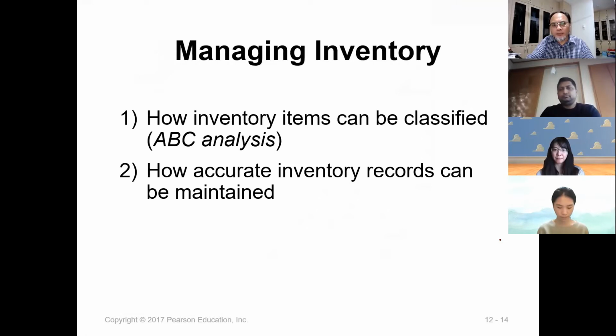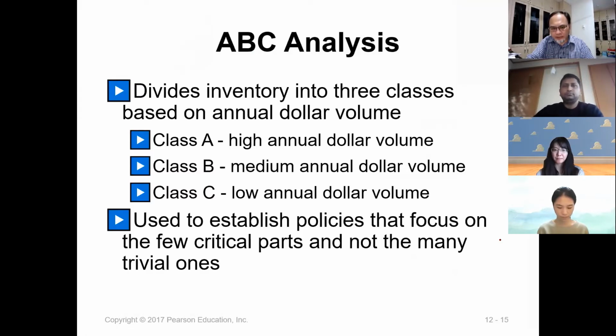Now, I already introduced to you ABC analysis. Why we need ABC analysis is because we need to understand which particular inventory items you need to have greater control over. When I say greater control, that means you need to monitor the usage.